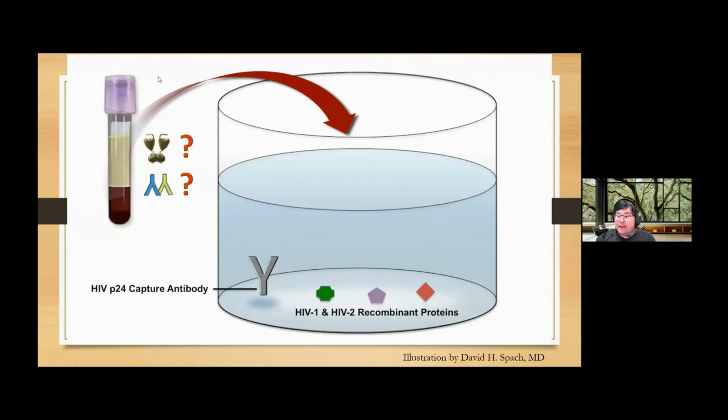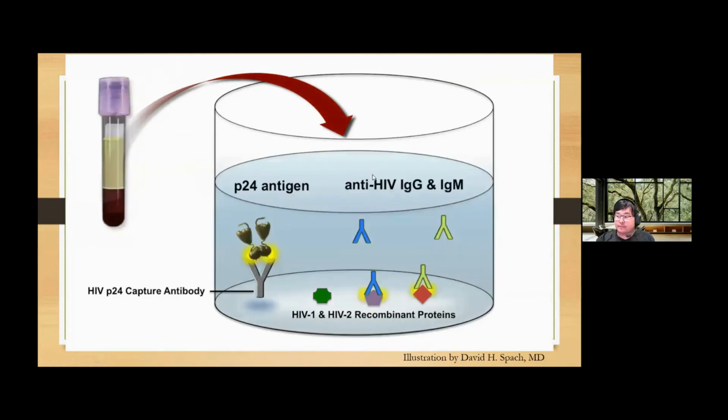We add an unknown patient sample to the well. P24 antigen binds to the capture antibody, and the anti-HIV IgGs and IgMs bind to the recombinant proteins at the bottom of the well. We would incubate and wash to get rid of anything that's unbound.